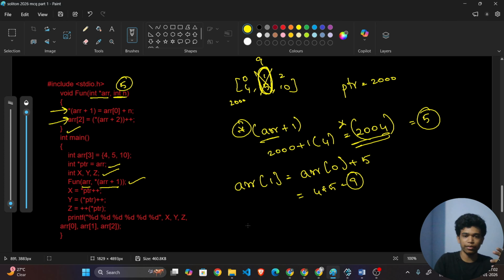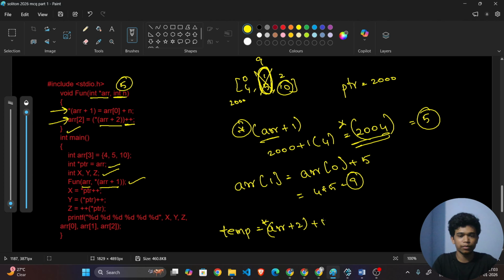Now, what does the second line signify? This is signifying, in my second index, star of ARR plus 2. ARR plus 2 means I am representing this 10. So, take this 10 and do plus plus operation. Whenever you are doing a post increment operation, it is quite equivalent to temp is equal to star of ARR plus 2, then in the next line it will be initializing ARR of 2 is equal to temp.